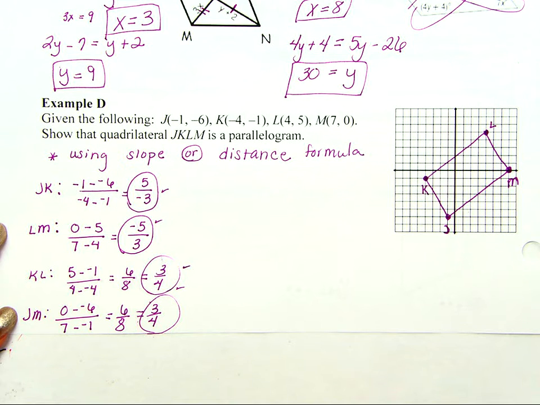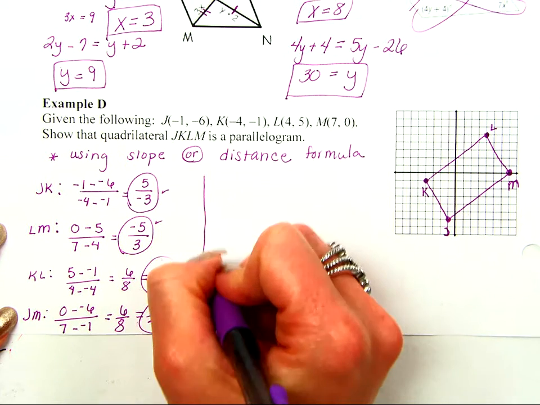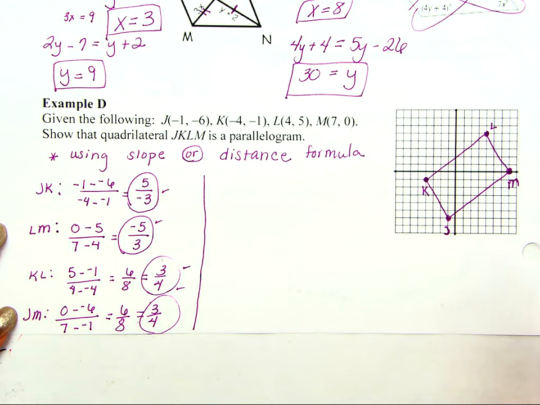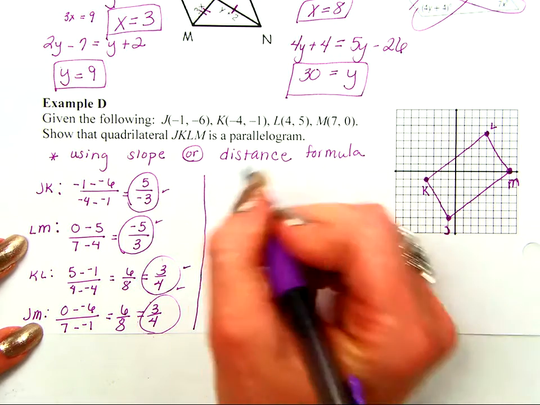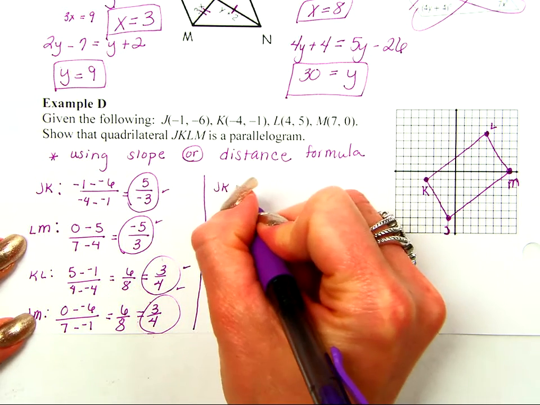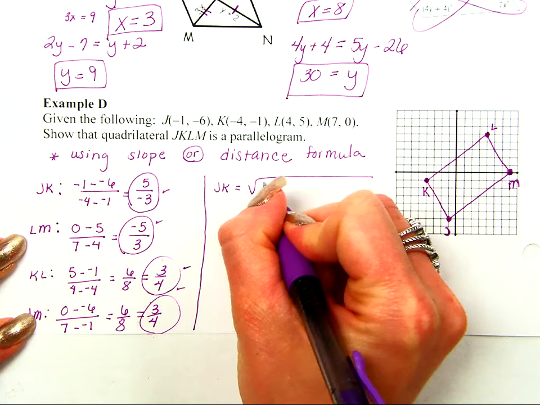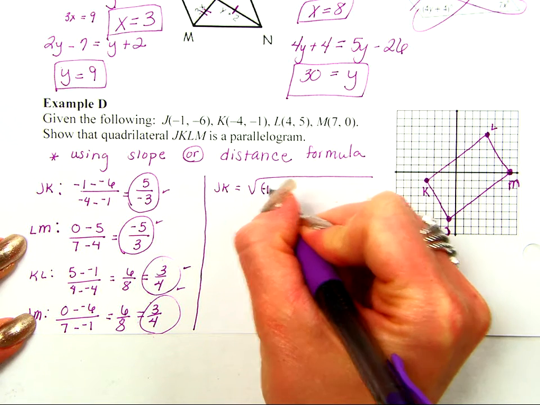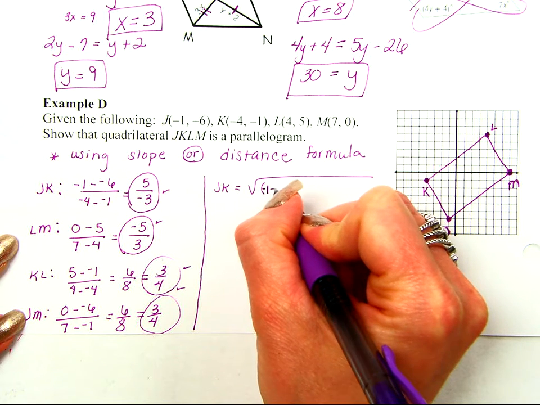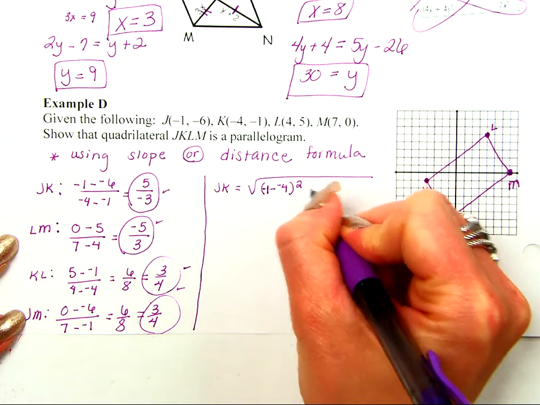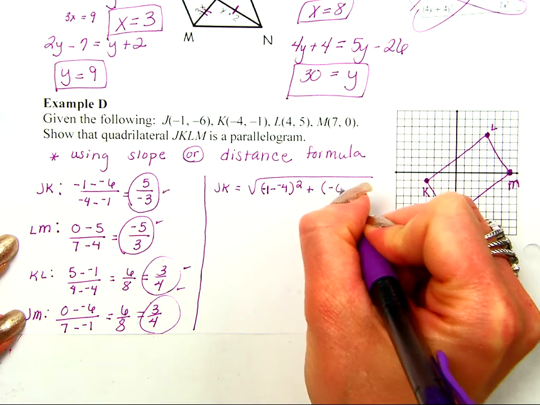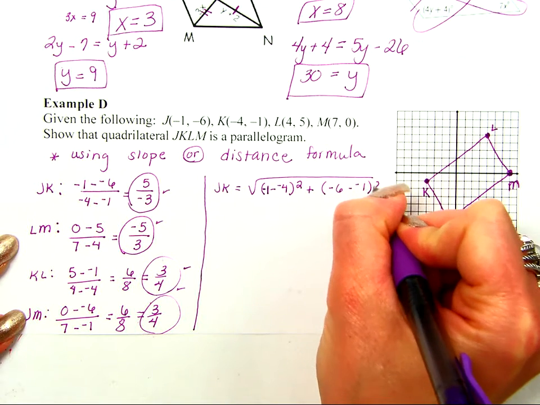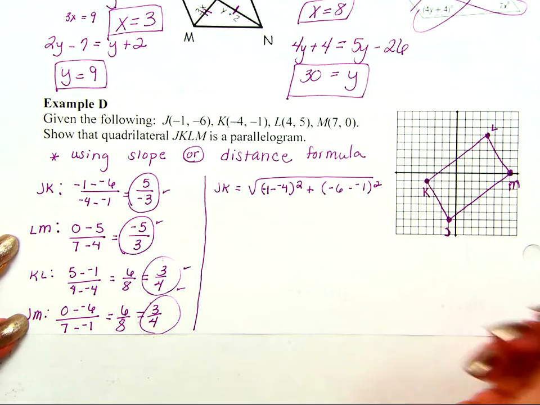Now, if you are more comfortable using the distance formula, we could do that as well. We would simply want to show that these have the same length. And so if I'm showing that they have the same length and I'm looking at JK, I'll just remind you, the distance formula being x minus x, quantity squared, plus y minus y, quantity squared. And we would have to do a little bit of simplifying.